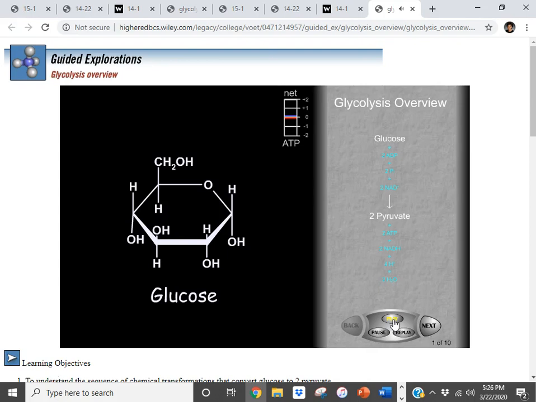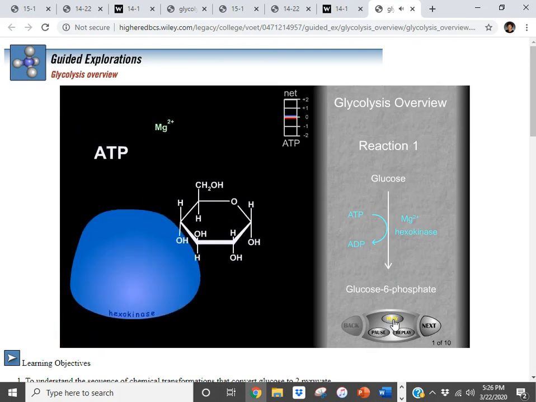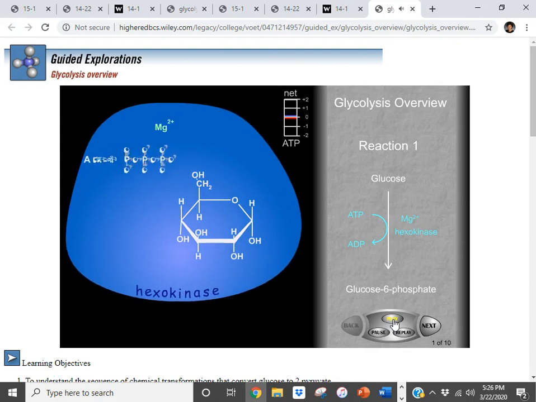Glycolysis is the biochemical pathway through which a molecule of the 6-carbon sugar, glucose, is converted to 2 molecules of the 3-carbon compound, pyruvate. In this process, free energy is sequestered in the form of 2 ATP molecules. The first reaction of glycolysis is catalyzed by the enzyme hexokinase, which mediates the transfer of ATP's gamma phosphoryl group to the number 6 carbon of glucose.